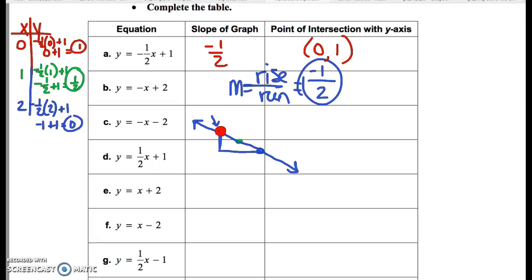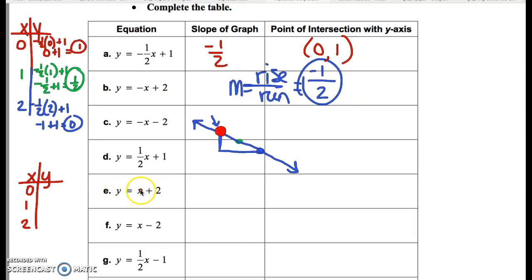Okay, now let's jump down and look at part E. We'll go through and fill in the rest of these in just a minute. If I make an XY table for E, remember I told you to use 0, 1, and 2 for your x values, and I just plug it into the equation.